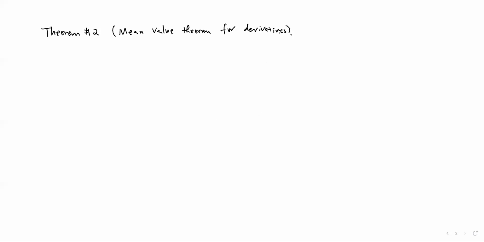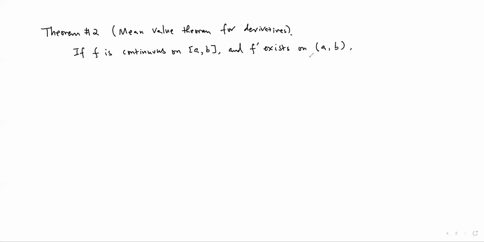If function f is continuous on a closed interval and the derivative exists everywhere on the open interval AB.